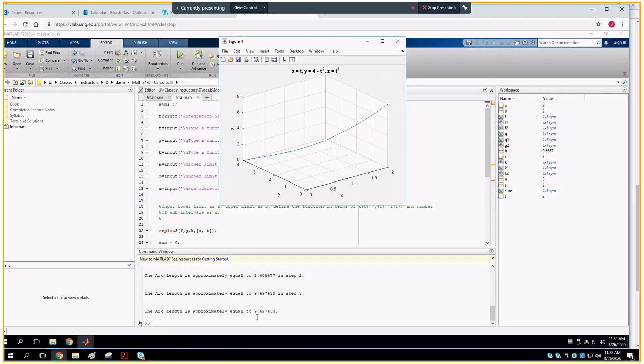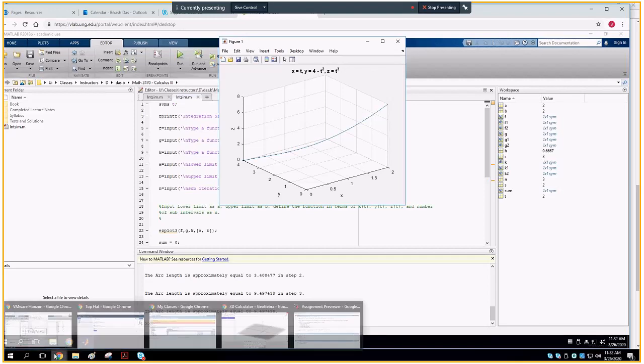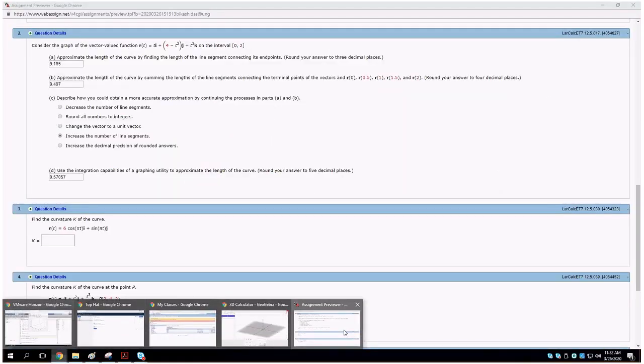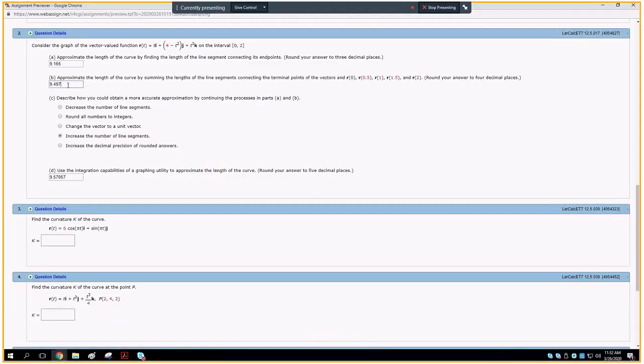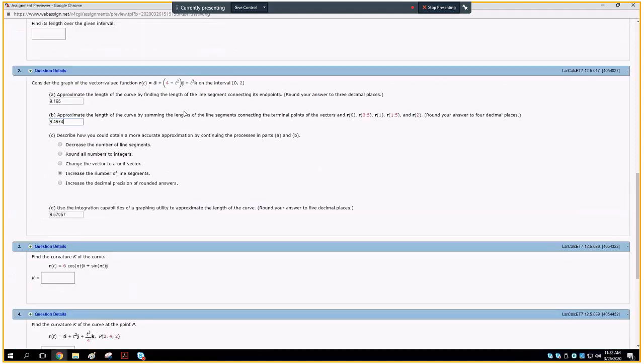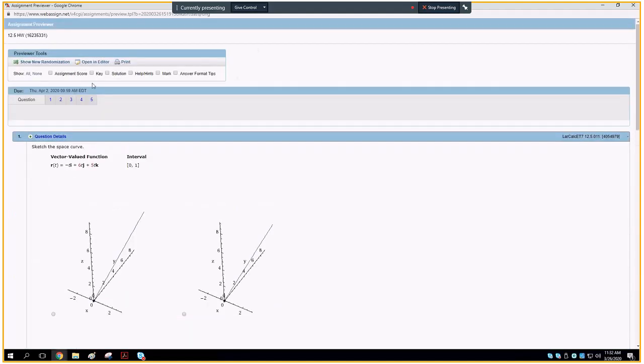I will get 9.4974. And what I will do, I will try to check my answer and see how far away from the right answer we are.